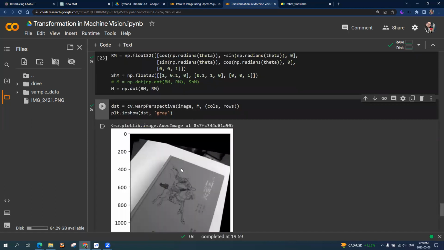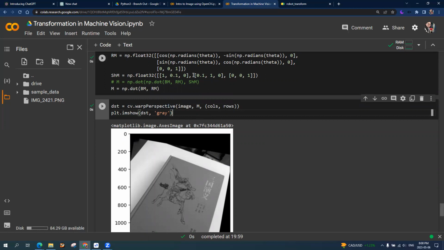And there you go. That's my end result for transforming my image. All right. So this is how you use the transformation matrix and how you create a matrix and how you use the matrix to manipulate the image into a different perspective.